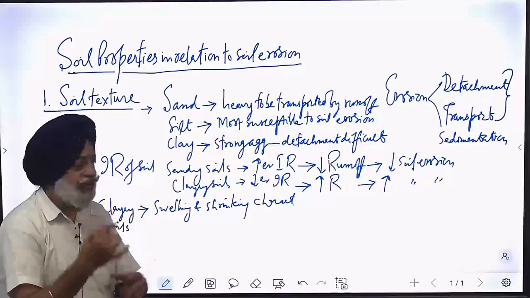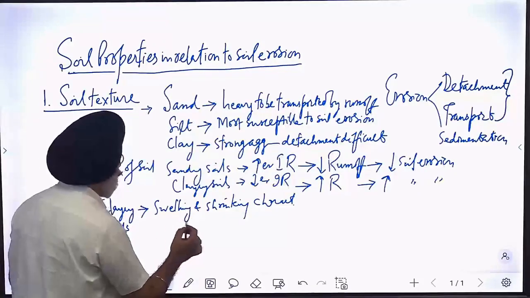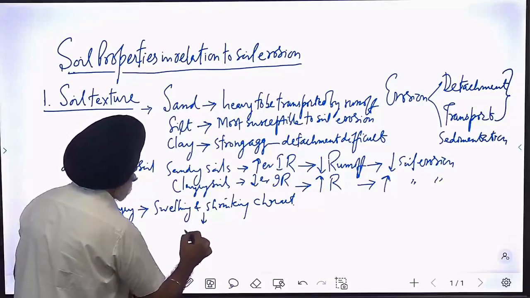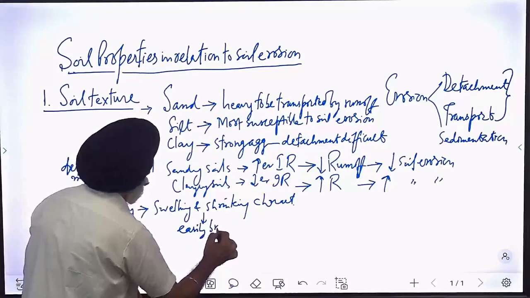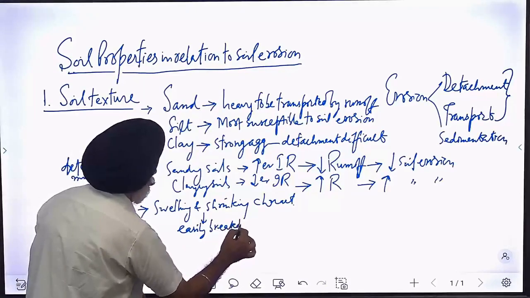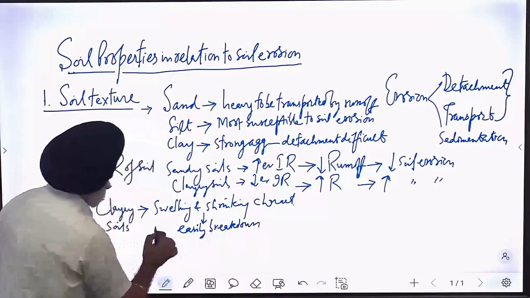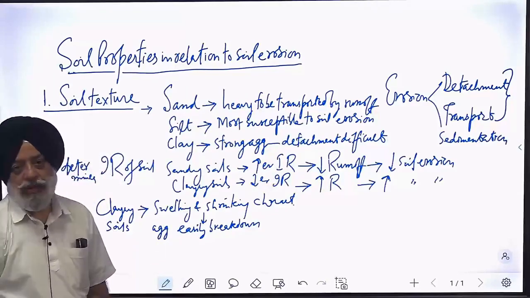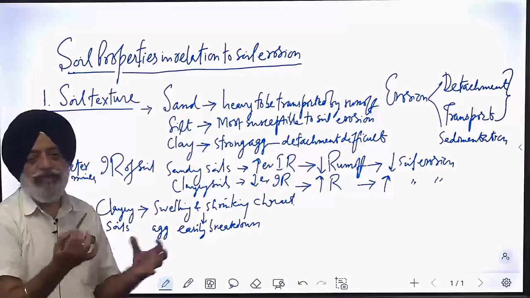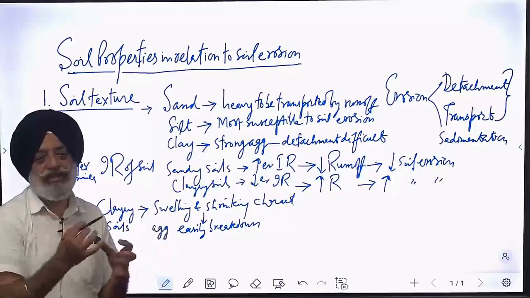Because of this swelling and shrinking characteristics, these soils easily break down. Aggregates are easily broken down. That means detachment becomes easy when soil frequently swells or shrinks.